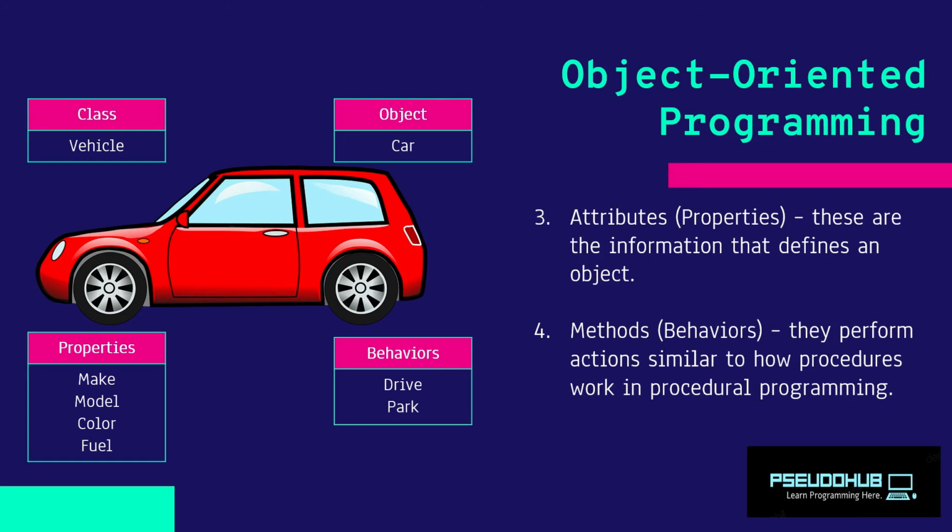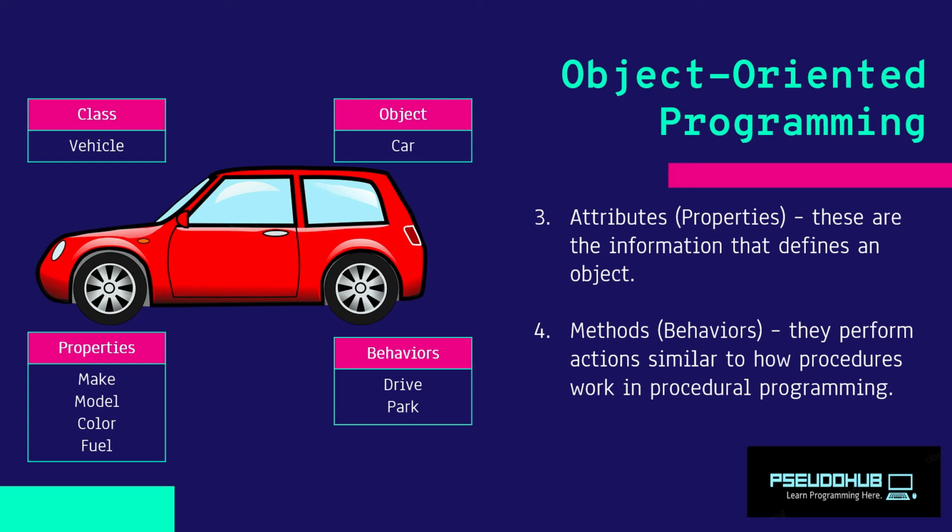All right. So like I mentioned, a class defines the properties and the behaviors of a certain object. So meaning when we say properties, it refers to the information that defines an object. And at the same time, behaviors, those are things that your object can do. This is similar to procedural programming actually because when we say behavior, it's a step-by-step process naman, di ba?